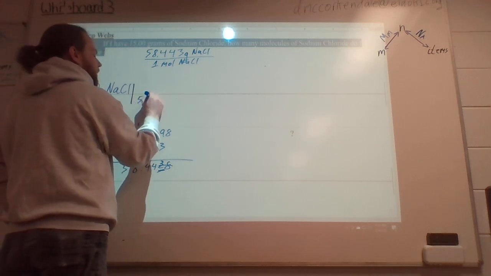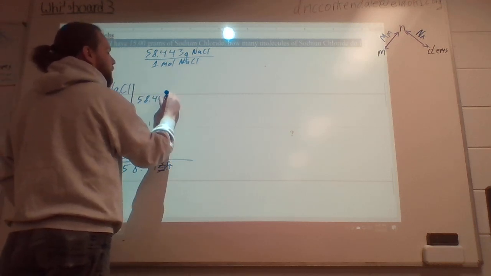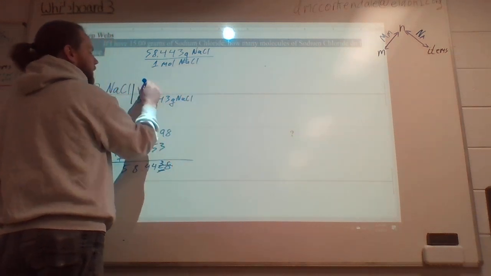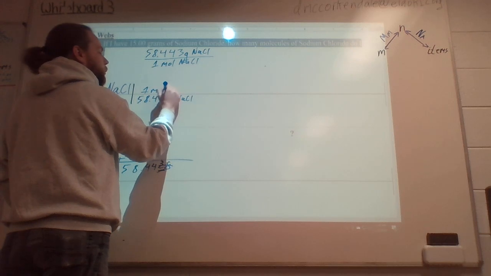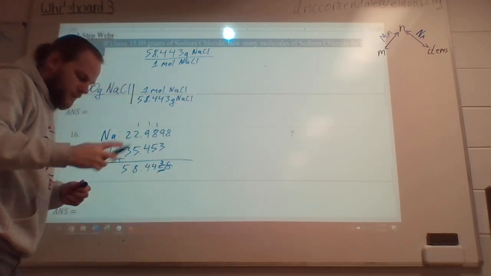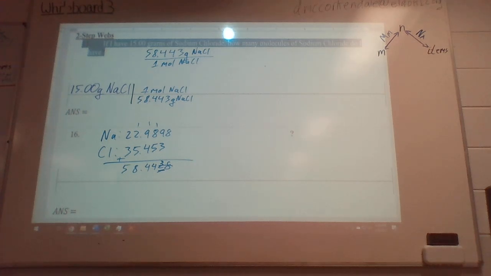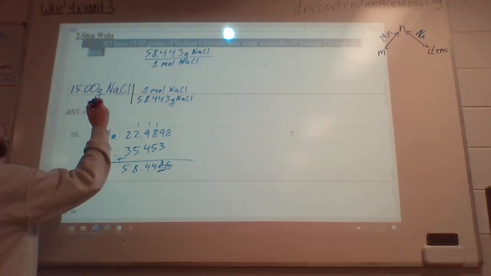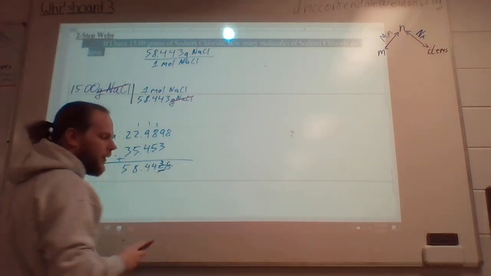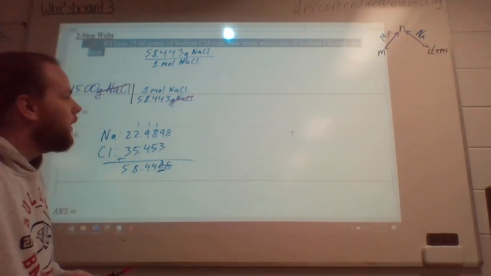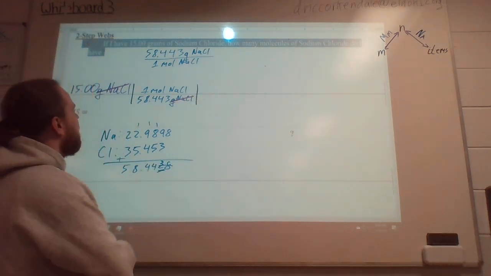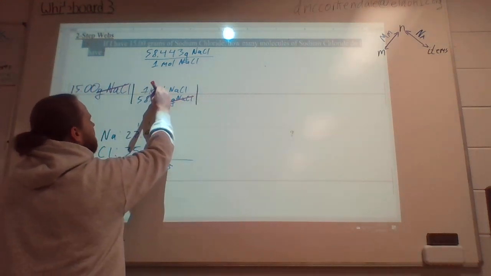So the 58 has to go on the bottom, and the 1 mole goes on the top. So our mass, grams of NaCl, now cancels, which leaves us with moles of NaCl.